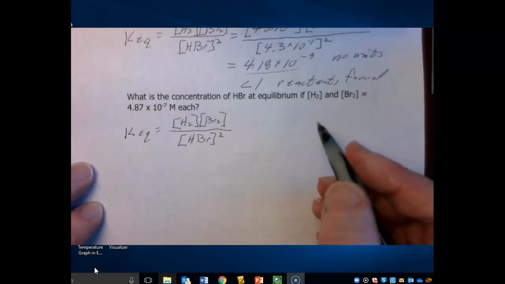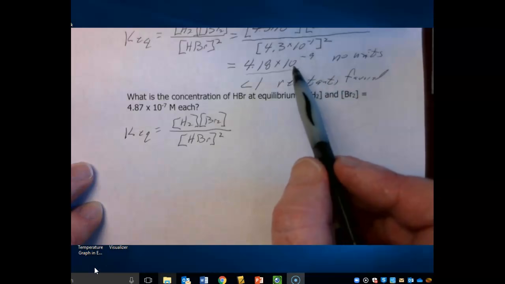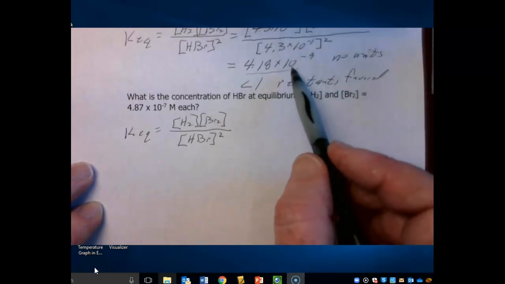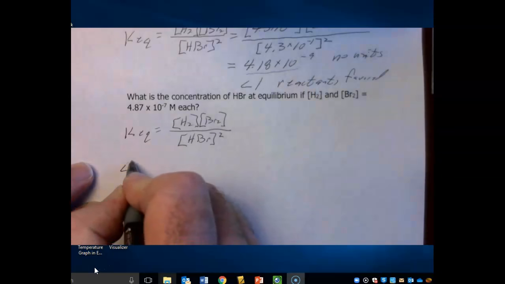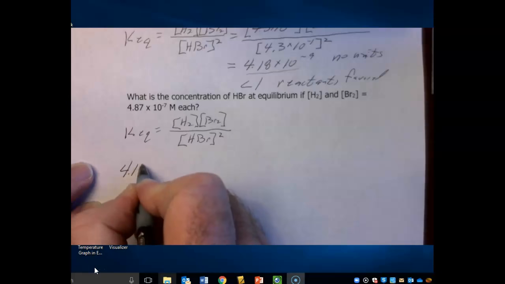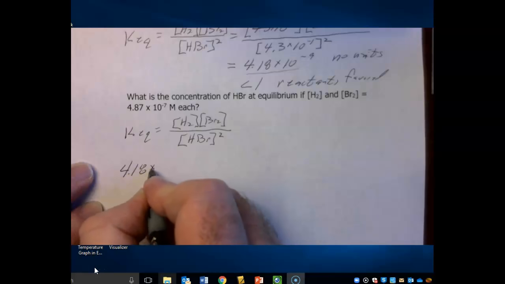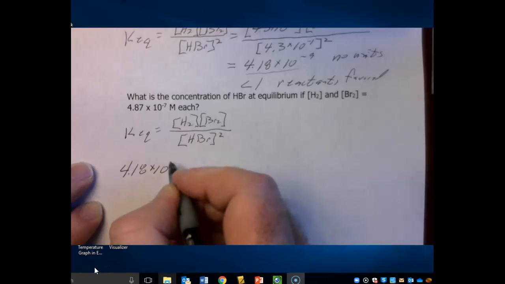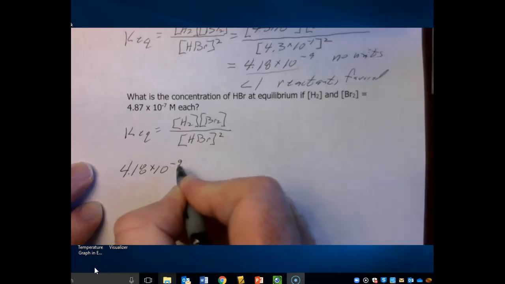Okay, now I have found the value of KEQ in the previous part of this problem, and it's still the same. Now the only thing that ever changes the value of KEQ for a reaction is temperature.